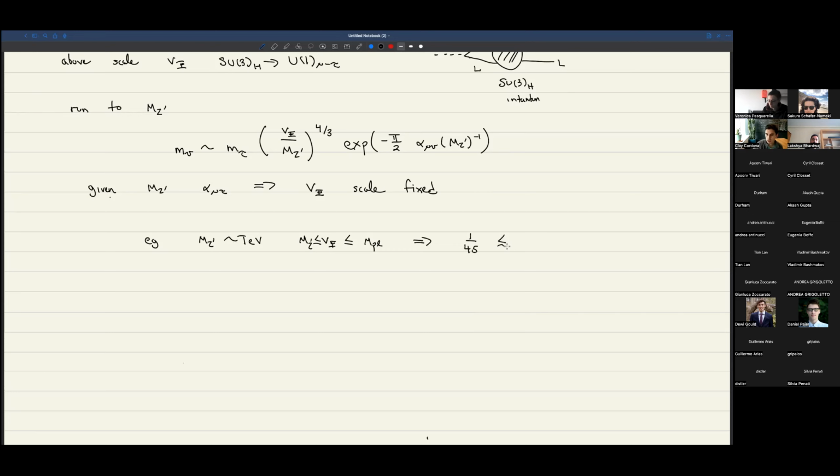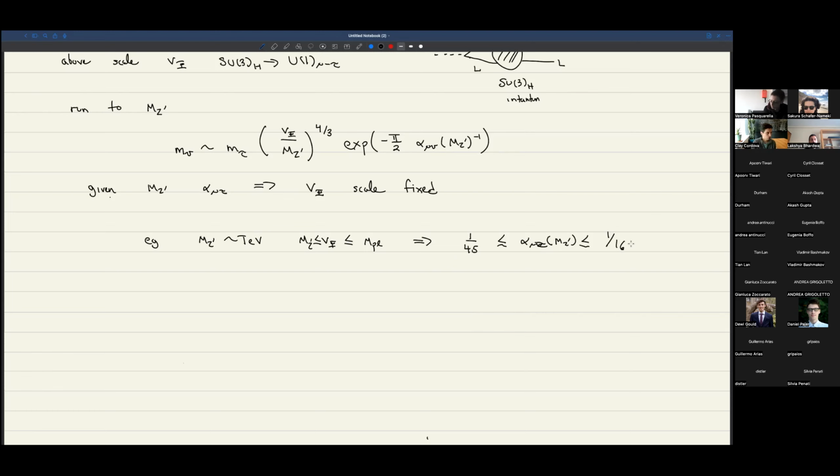So you get something like this. Just to put some numbers on it. Okay, that's what I wanted to qualitatively tell you about this model.